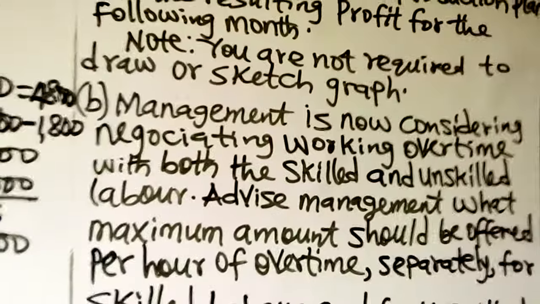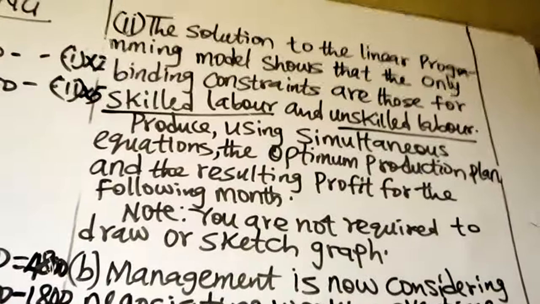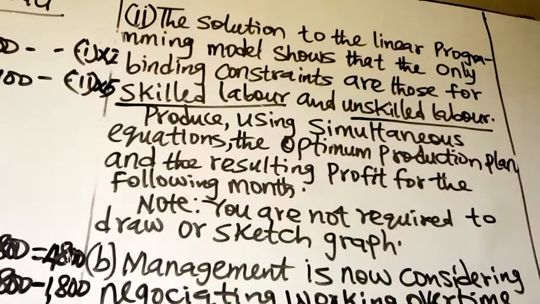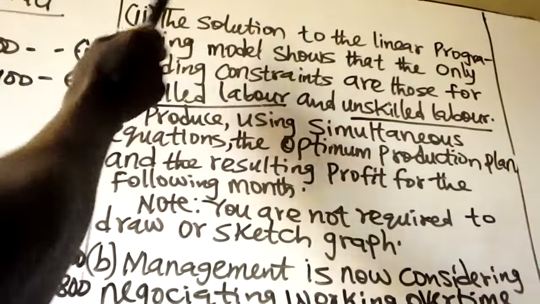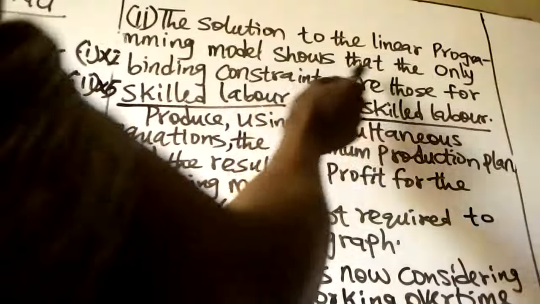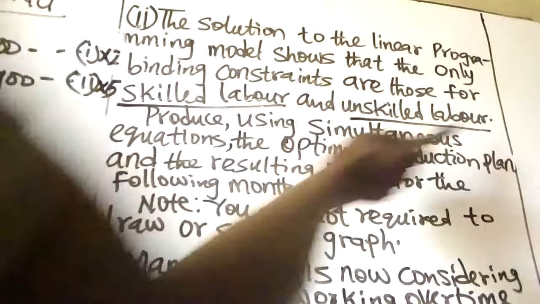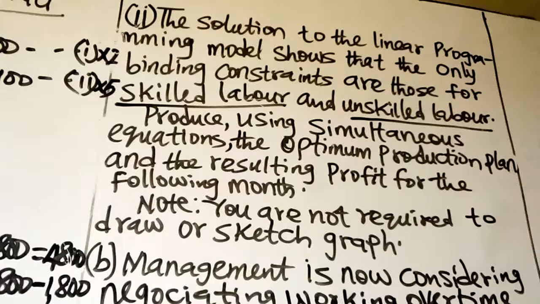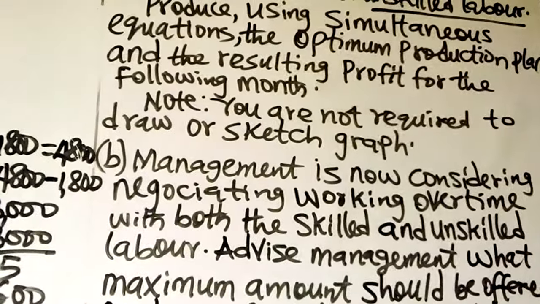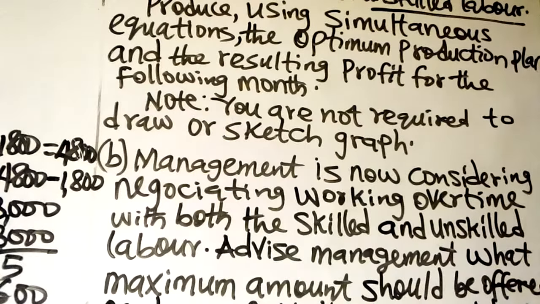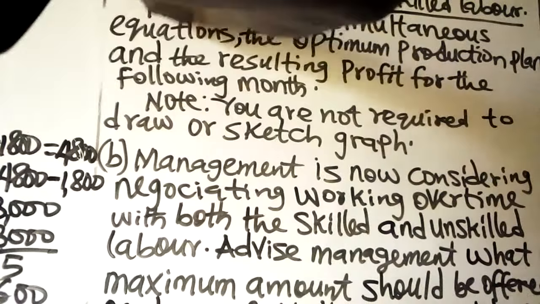Now, go back to requirement A2. You were told the solution to the linear programming model shows that the only binding constraints are those for skilled labor and unskilled labor. You have to produce using the simultaneous equation method. Now we have obtained the value of a and b.